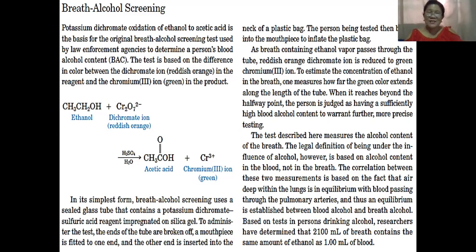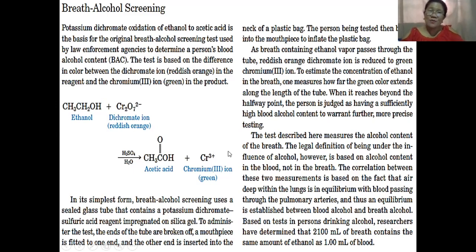Take a look. Here is the reaction. It's ethanol, with potassium dichromate, a reddish orange. What will happen? This will give you acetic acid and the chromium ion.